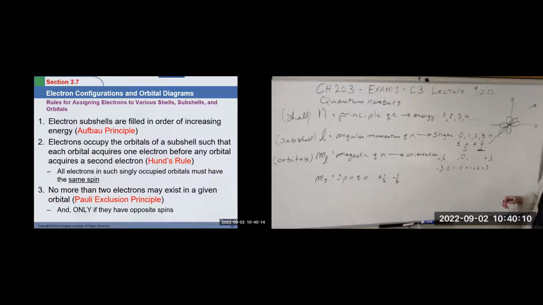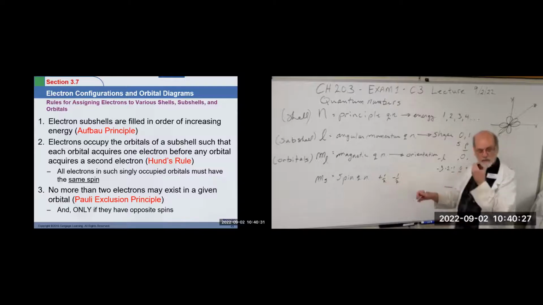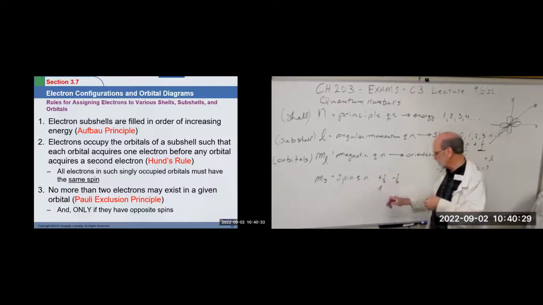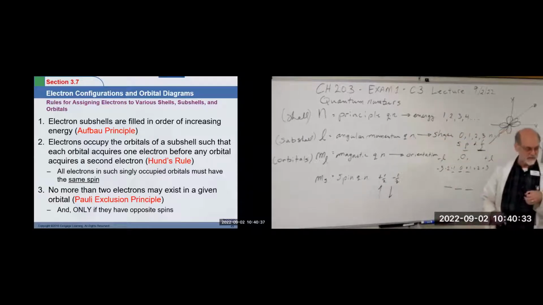Because it's simpler, right? It has the -1, 0, and +1. So you can think of these as, we can draw this line, this line, this line. So we can put electrons in there, and they can have +1/2, -1/2, and we represent these with spin up, spin down. Okay, just to separate them, right?